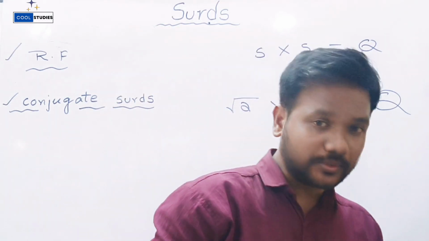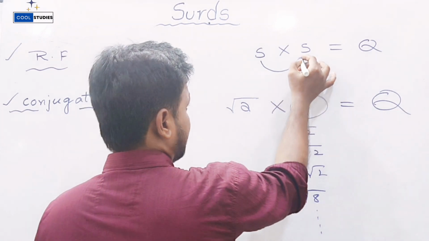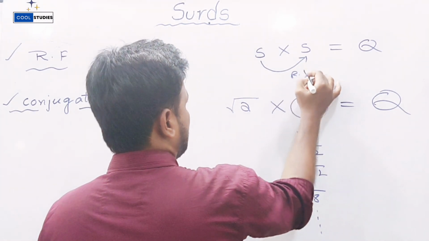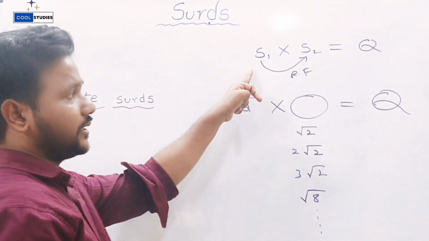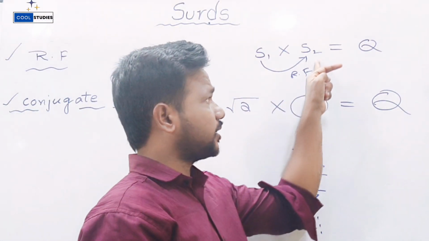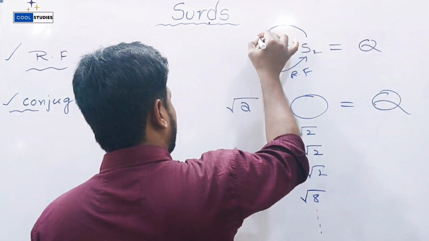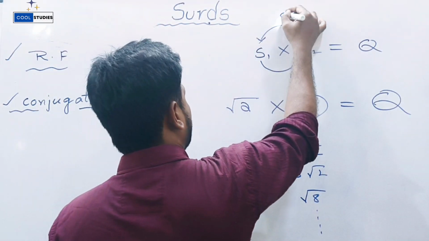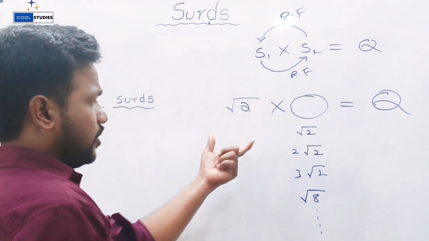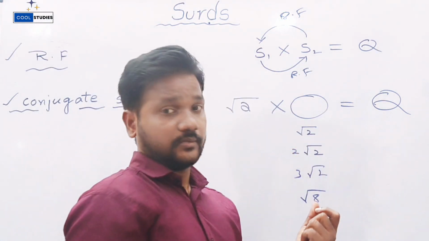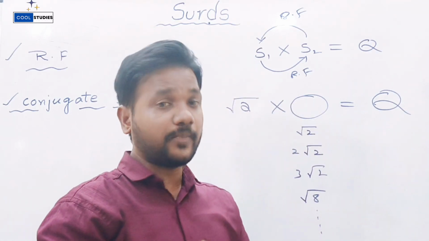Then we can say that this S1 is the rationalizing factor to S2. Similarly, S2 is the rationalizing factor to S1. Now, among all these surds, which one do we have to consider? The simplest one.